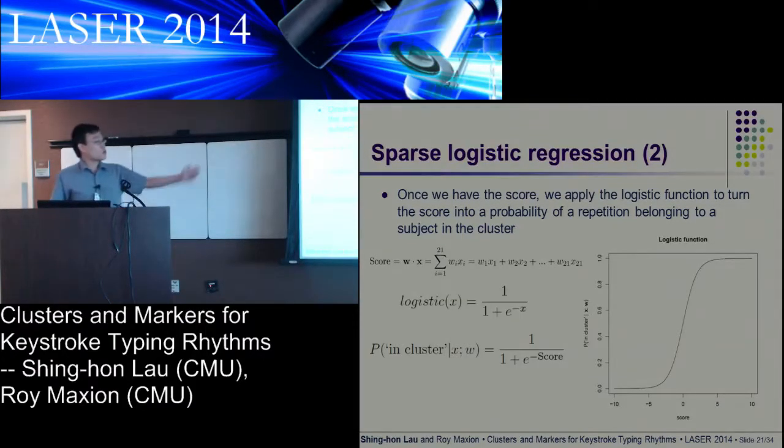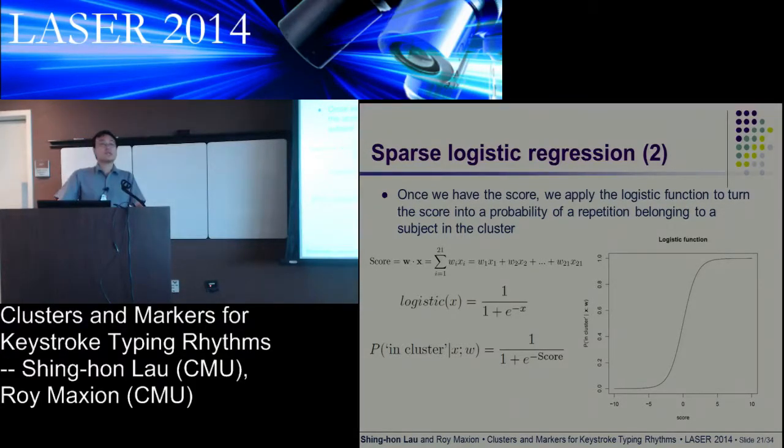So here we have the score that was on the previous page, and there's also the formula for the logistic function, which happens to be 1 over 1 plus e to the minus x. And when you plot that function, it looks like the graph on the right. So what you can see that the logistic function is doing is it's converting any real valued score to a value between 0 and 1, which we're then interpreting as this probability that a repetition belongs to somebody in the cluster.